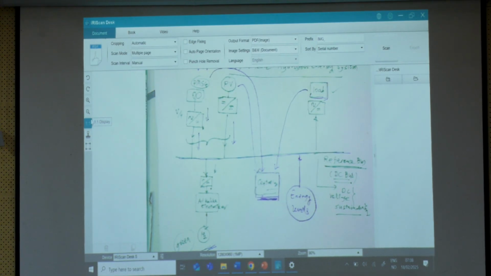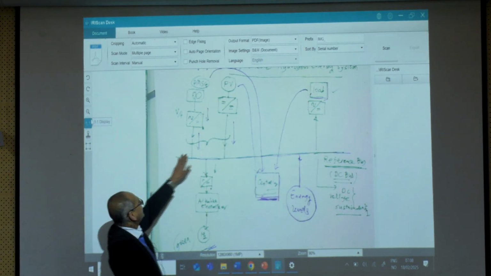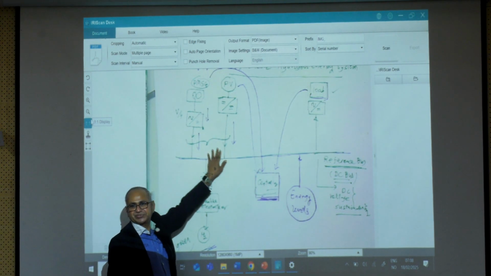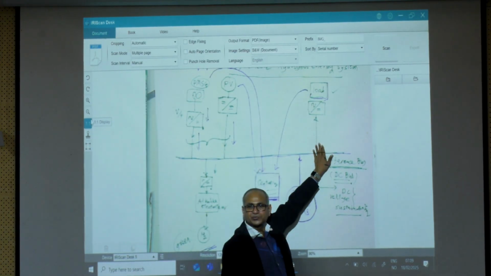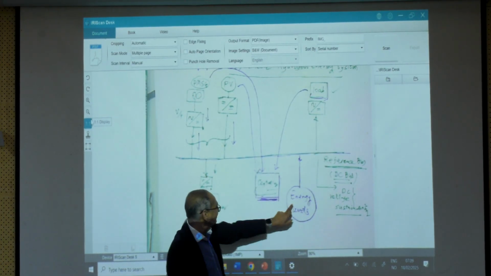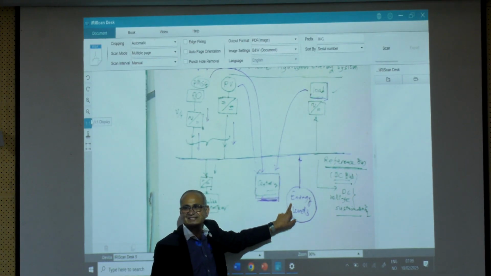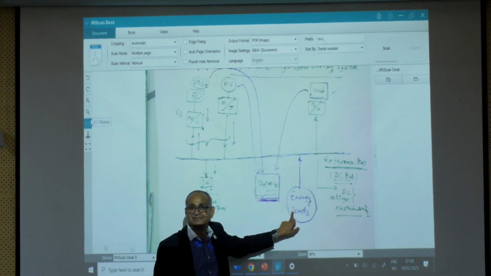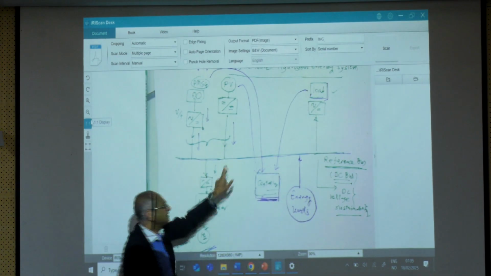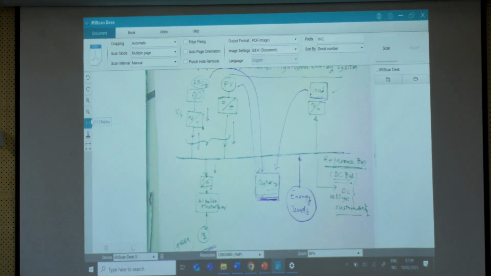Now, you might have got the idea that when we are having intermittent inputs and intermittent outputs, naturally this energy level is going to vary. So, even on this reference DC bus, the energy level is going to be dynamic and change with reference to time.